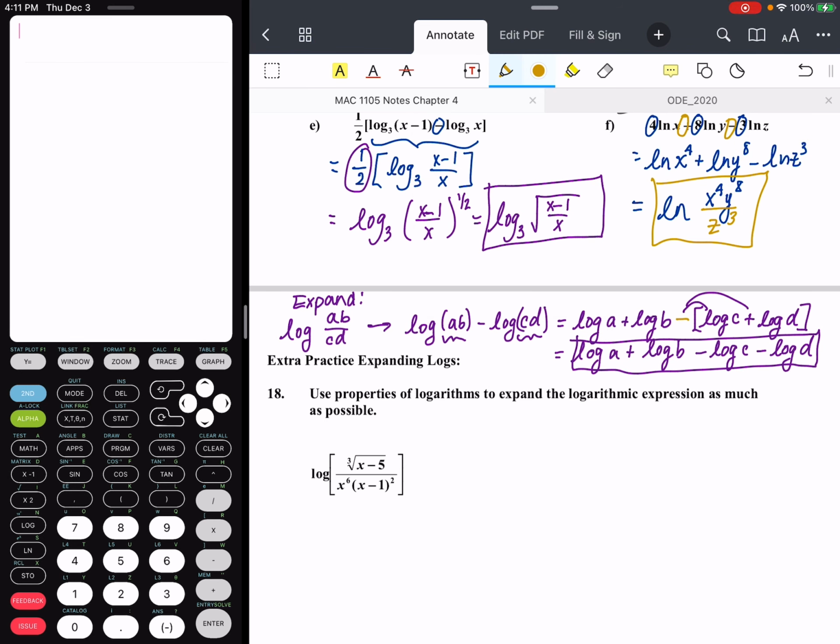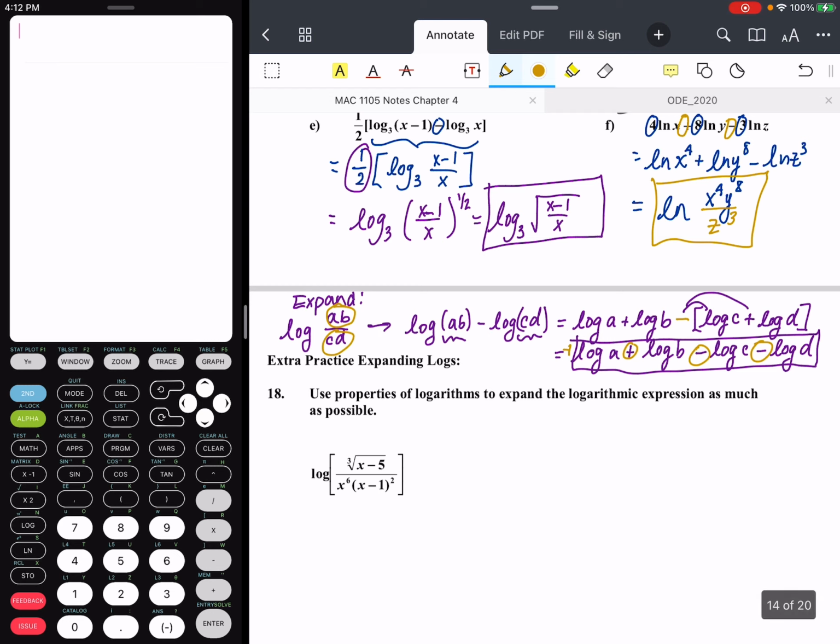You guys are all going to have the plus sign between log of a and log of b. You're all going to have the minus sign next. The tricky part is this minus log of d. So if we want a quick way to approach this, notice that the log of anything from the numerator is positive, right? We've got positive log here, plus here. Anything from the denominator, we've got a negative sign, minus log of c minus log of d.